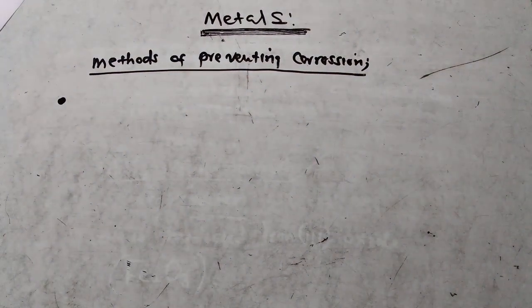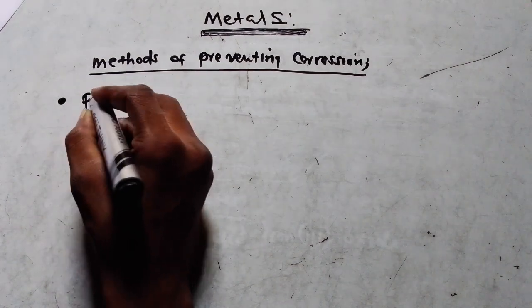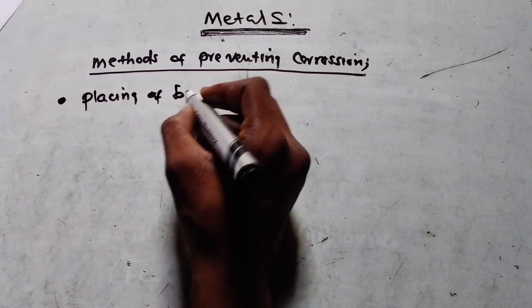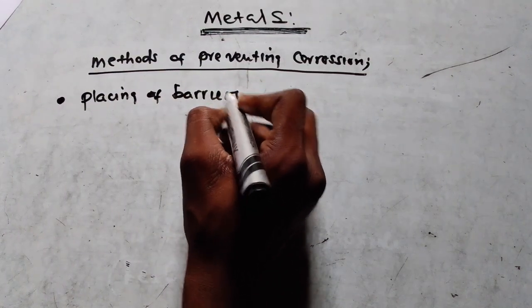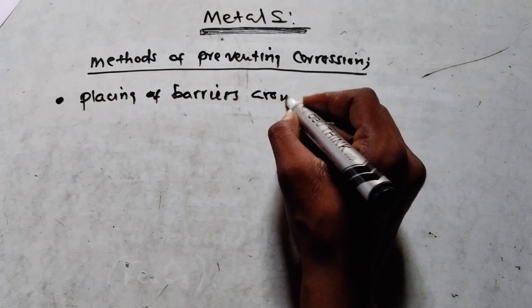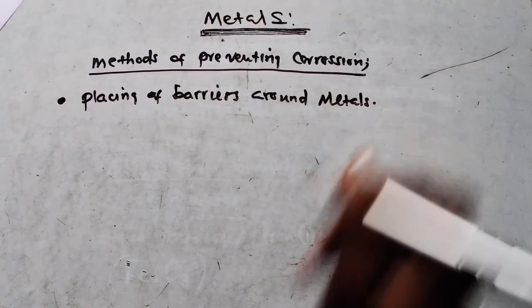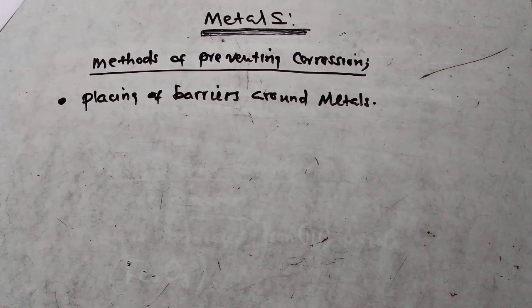So the first method that we can use to prevent this corrosion is placing of barriers around metals. What do I mean?